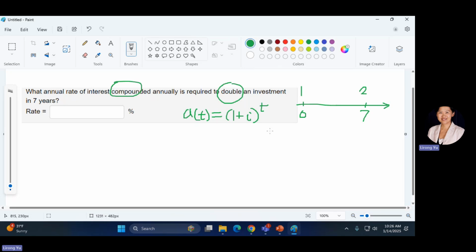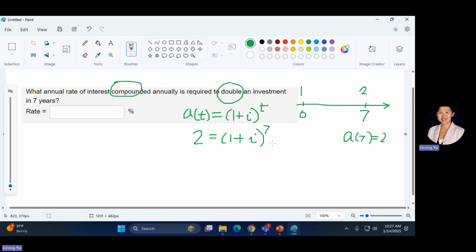According to what we are writing here, at time 0 it's 1. That's A(0). At time 7, it doubles, so it's 2 at 7. So essentially, we need A(7), the accumulation function at 7, is 2. So we have 2 equals 1 plus I raised to the power 7. And from that equation, we are supposed to solve for the I. The first thing we want to do is remove the power 7.